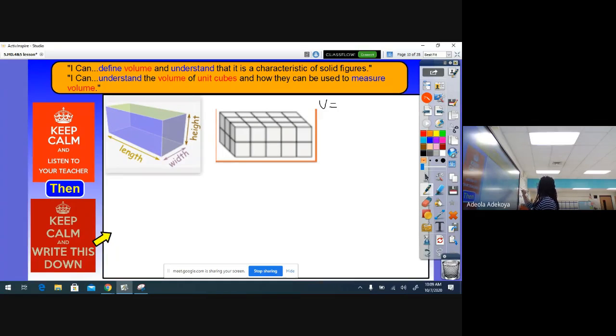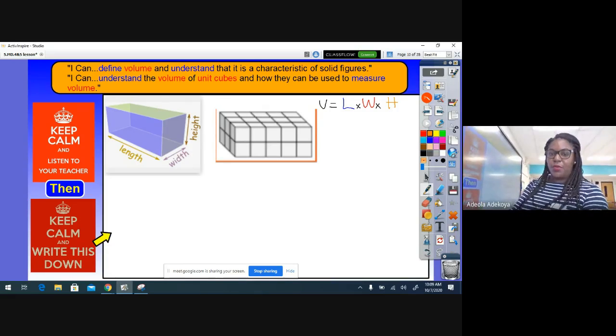Volume equals, I'm going to make my length blue. I'm going to make my width red. And I'll go ahead and make my height orange. All right. Length, how long, width, how wide, and then height, how high.